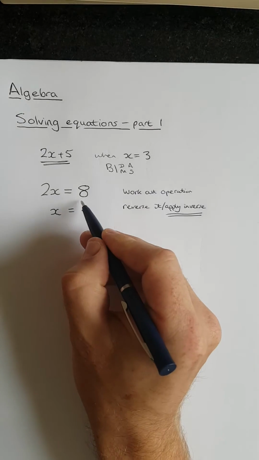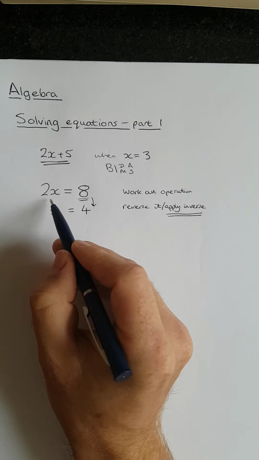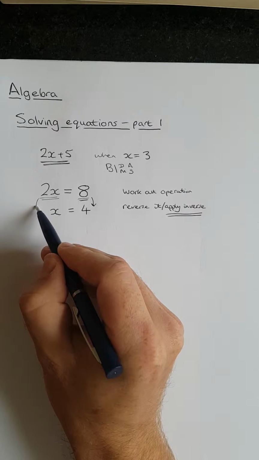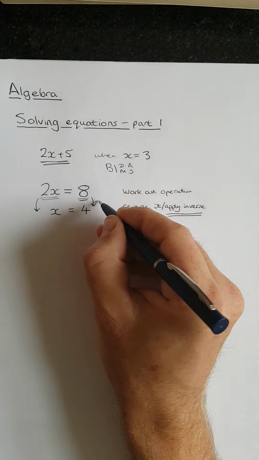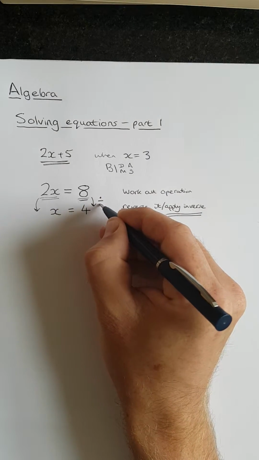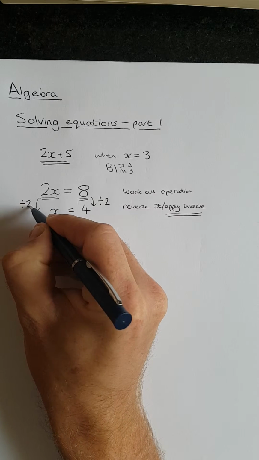Now, when I divide this by 2, I also am dividing my 2x by 2, because I'm going back to what just x is worth. So over here, I'm dividing by 2, and over here, I'm dividing by 2.